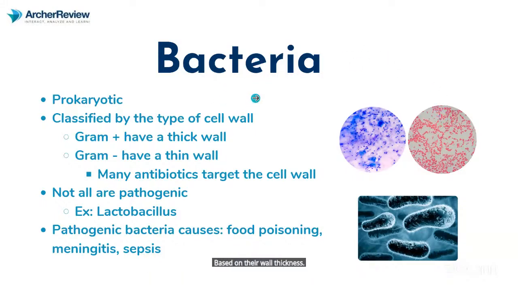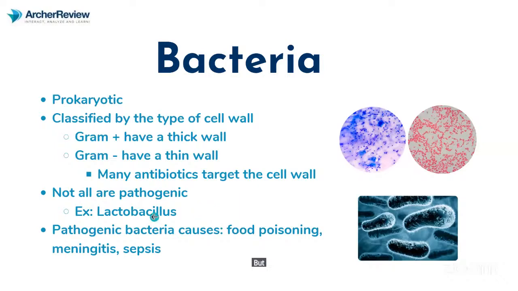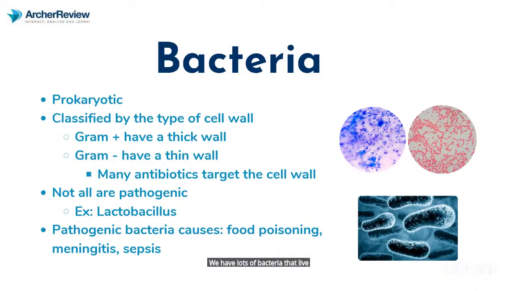Now, it is important when we think about bacteria and all these microorganisms we've been talking about being pathogenic, which they are, but we know that not all bacteria are pathogenic. For example, lactobacillus, which is in our yogurt, is very good for us. We have lots of bacteria that live in and on us.